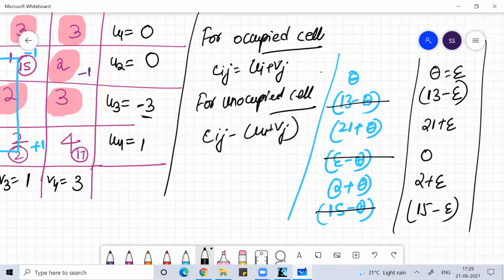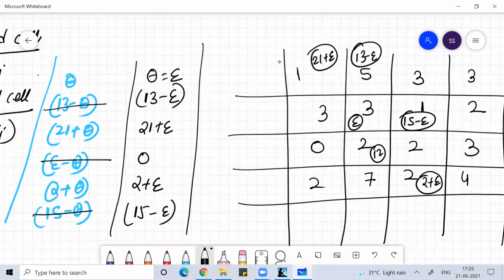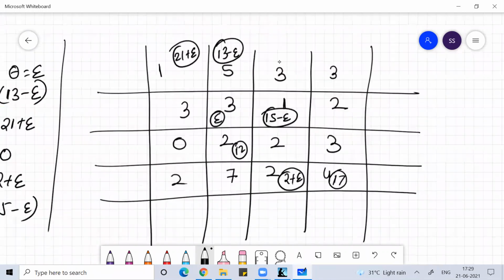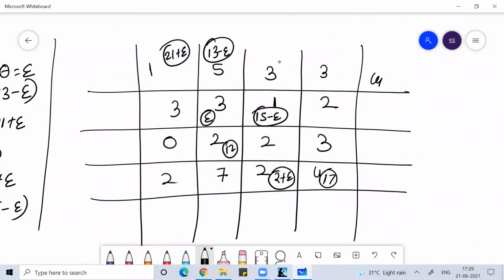Then 4, that value 17. Allocation is 17. So this is the new allocation. I don't know whether this is ideal or not. So for that we'll write U1, U2, U4, then V1, V2, V3, V4.